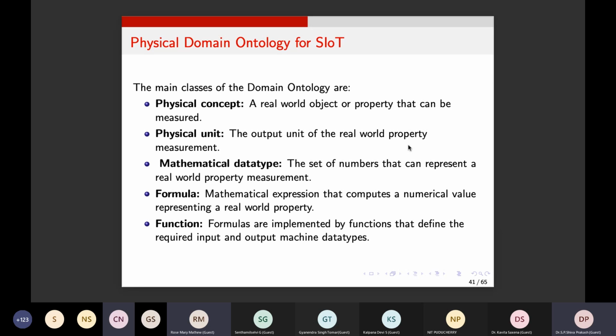So if you look into the main classes of a domain ontology, it includes a particular domain, where each device is used to find out the relationship. Okay, especially for SIoT based applications, the relationship will be used as a metric to find out the devices that are providing a set of services, right?